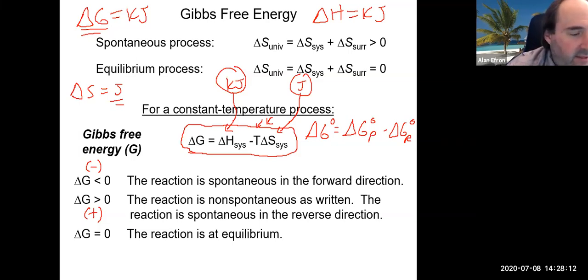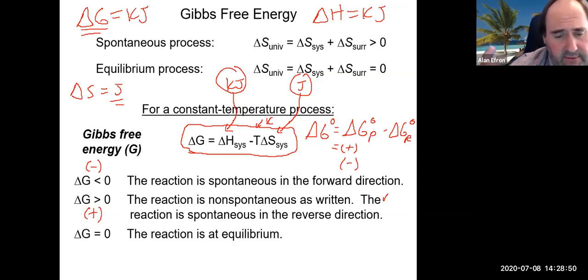You could calculate it just like we did for delta S, just like you do for delta H. And the reason why this happens is, if you calculated this and you got a positive value, and you reverse the reaction, your products become your reactants and your reactants become your products, and that means these numbers would reverse as well, and that would lead you most likely to a negative value for delta G. So sometimes you'll see that kind of weird wording, like it's not spontaneous the way it's written, but the reverse reaction is spontaneous.